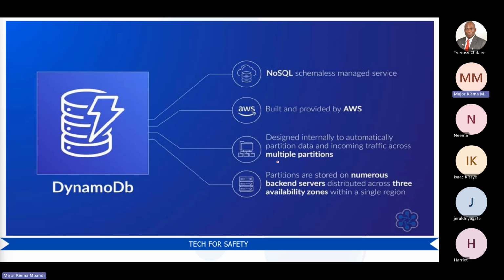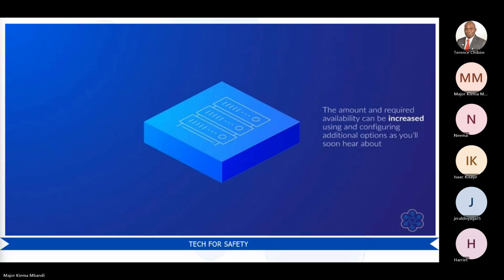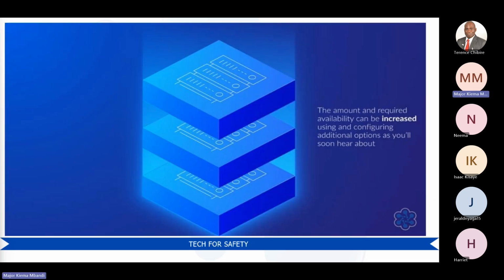And good to know that these partitions are, of course, done automatically. The amount and required availability can be increased by configuring additional options, as we'll cover next. Let's go to the next slide.